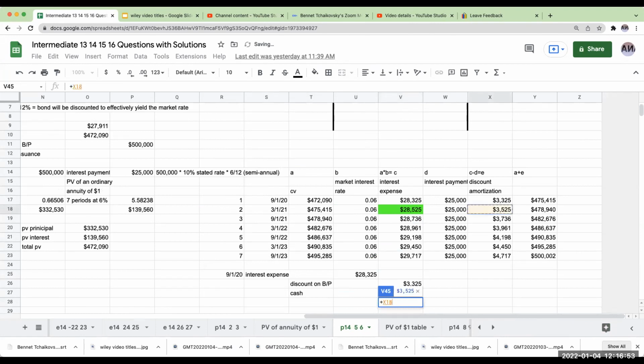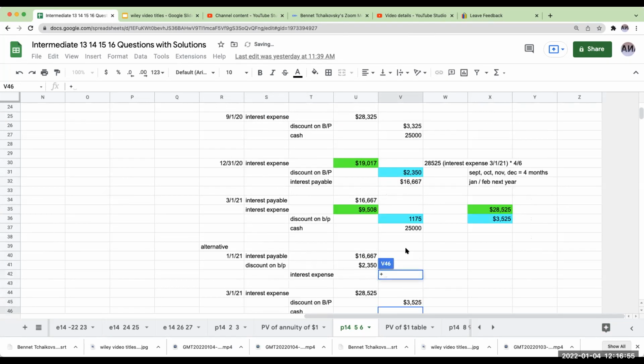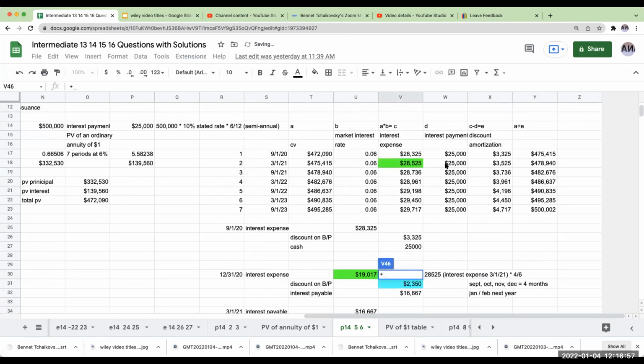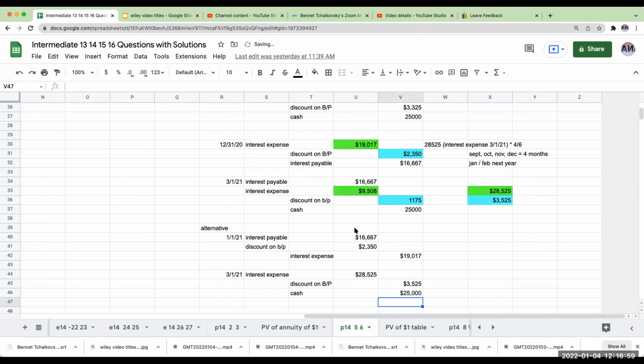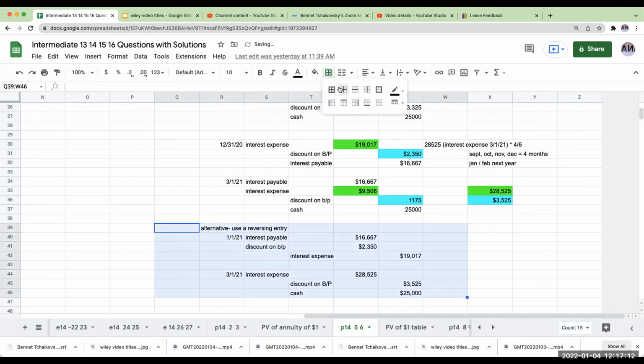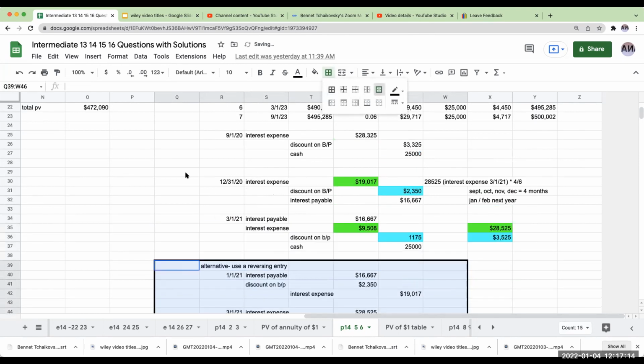My discount on bonds payable is 3,525, and then I'm crediting cash for 25,000. So my alternative is to use a reversing entry. That's one alternative to going through and doing this particular question.